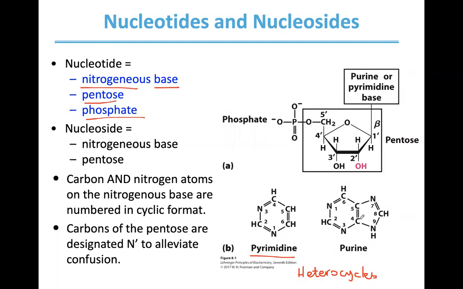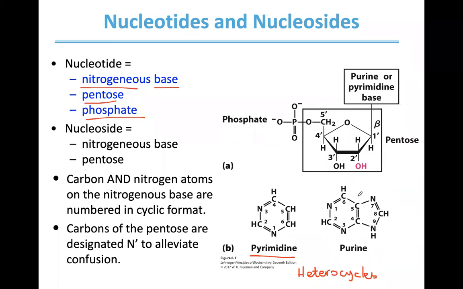So purine, you can see here now it has two rings, right? They're fused at this position. One of the rings is actually a pyrimidine ring. Again, a 6-member ring with two nitrogens. And the other ring, anybody remembers the name of this other ring?